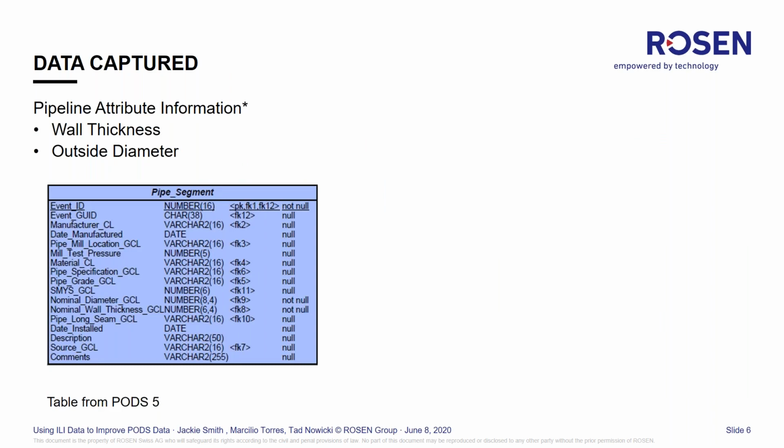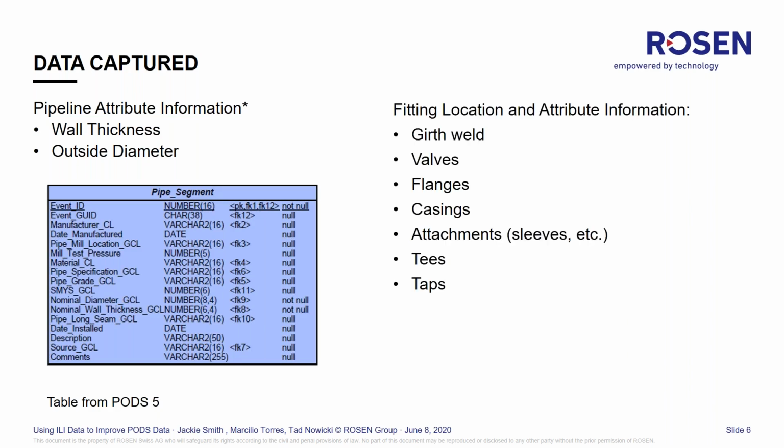You'll recognize PODS 5 pipe segment table, perhaps here in blue. Tracks things like wall thickness and outside diameter. Your fitting location along the line and your attribute information can also be recouped from this ILI data that comes from that PIG. You get your girth weld locations, your valves, flanges, casings, sleeves, tees, taps.